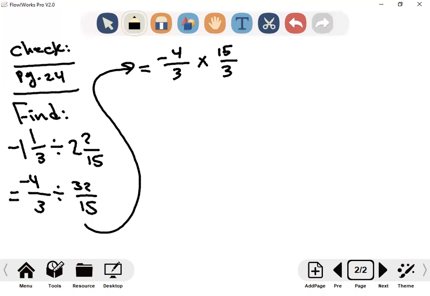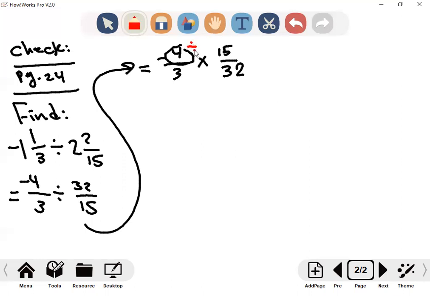You can multiply normally, up normally, down normally, then divide, right? Or here you can pair this 4 with this 32 and this 3 with this 15. Now 4 and 32 both can divide on 4. 15 and 3 both can divide on 3. So apply this division. It gives you the simplest form directly.